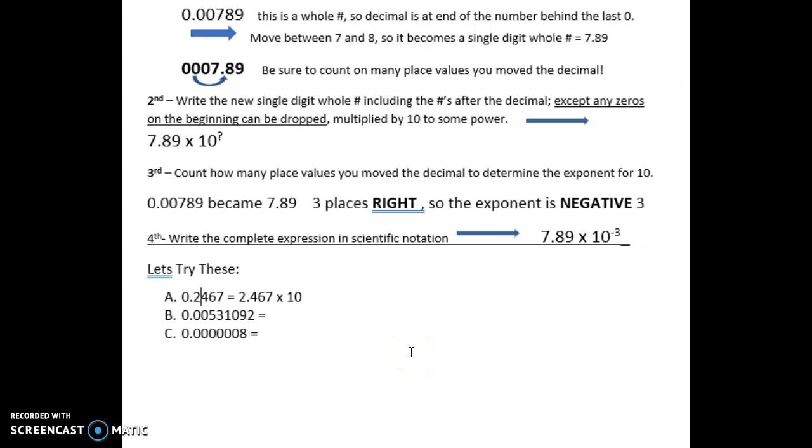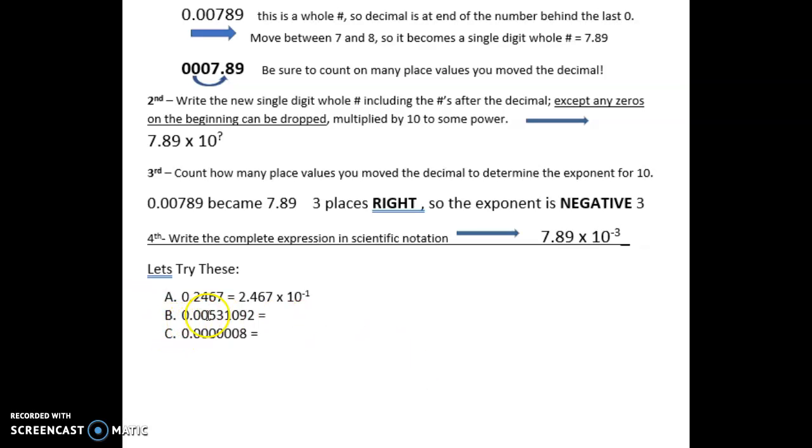I have to move the decimal one place to the right. When I move it to the right, my exponent becomes negative, and I moved it one place, so I've got negative 1. So now my new expression is 2.467 times 10 to the negative 1, and negative 1 tells me that it once was a very small value.